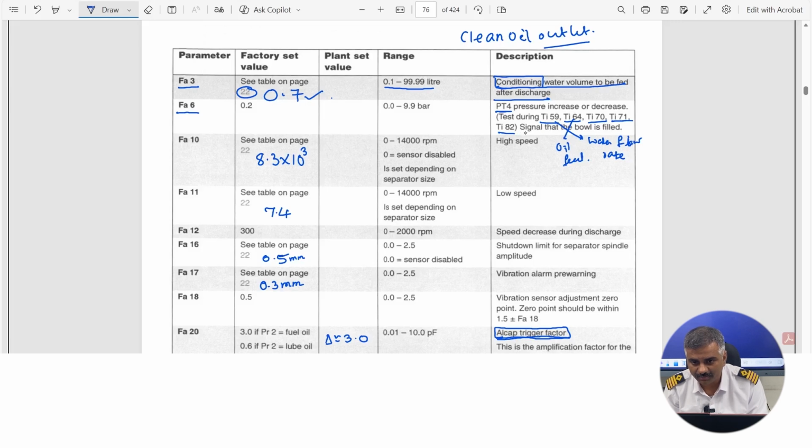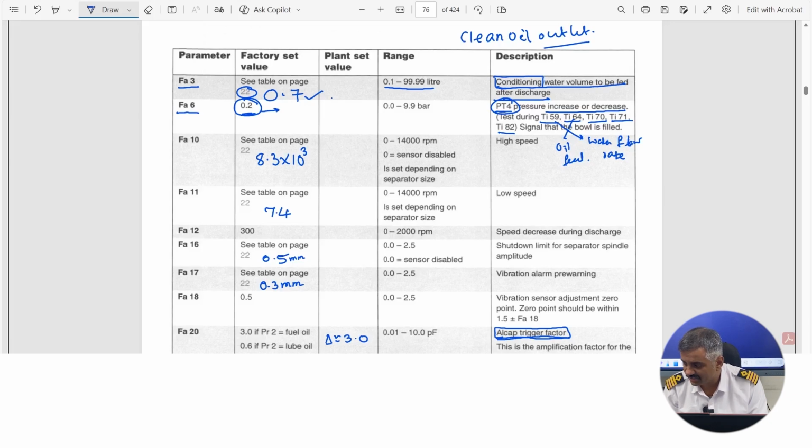After the bowl has been filled with this conditioning water, at the outlet of PT4 there has to be a pressure increase or reduction. The minimum pressure in the outlet has to be 0.2; it has to increase beyond this 0.2 bar pressure.